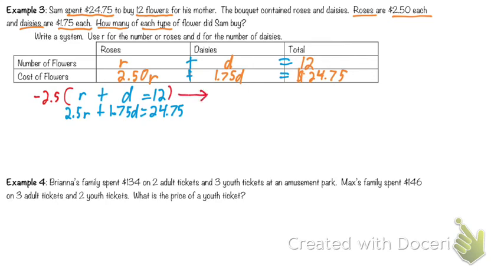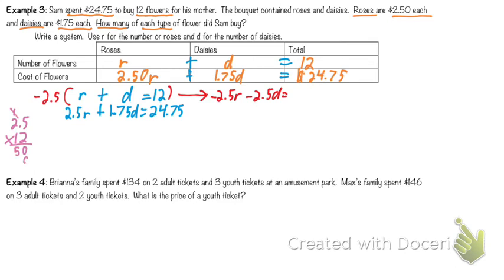Well, what's negative 2.5 times R? Negative 2.5R. What's negative 2.5 times D? Negative 2.5D. Now, do we know negative 2.5 times 12 off the top of our head? No, let's write that down. Down here on the bottom left, I'll do it real quick. 2.5 times 12. We ignore the decimal for a moment. What's 2 times 5? 10. 2 times 2 plus 1 is 5.